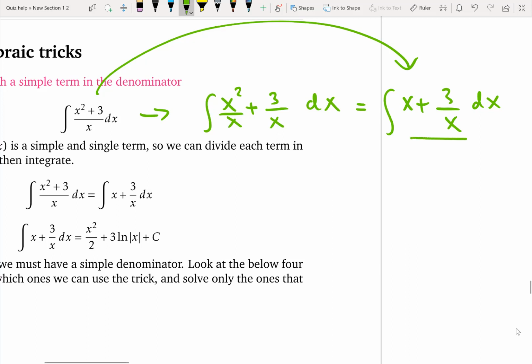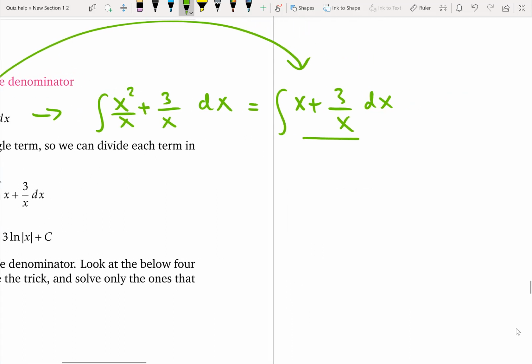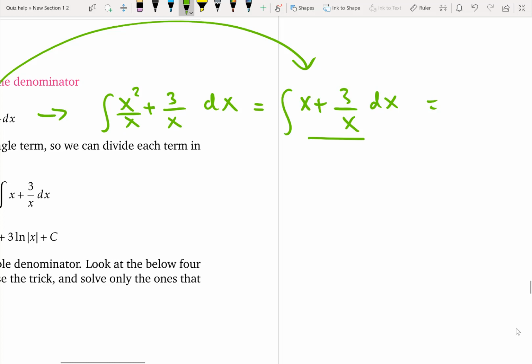Now can I integrate this new function? Of course yes, because I can integrate x separately and 3 over x separately, and then add, because we learned the integration property when you have addition, right? If you have forgotten that, or if you have not learned that, please click on the link that appears above to watch and learn it again.